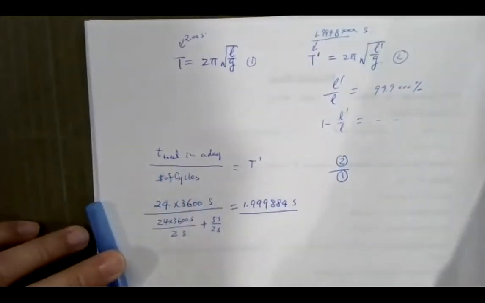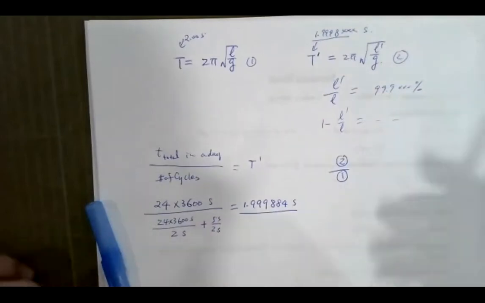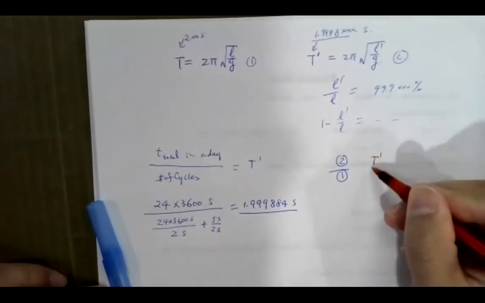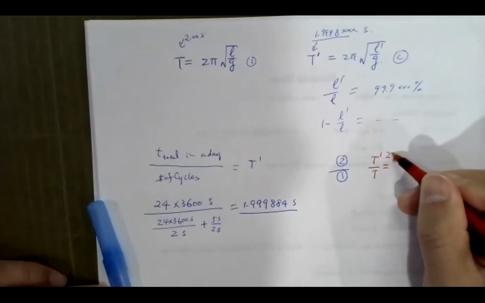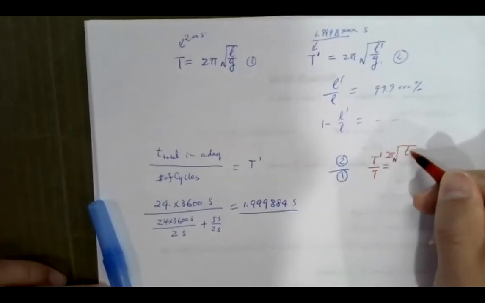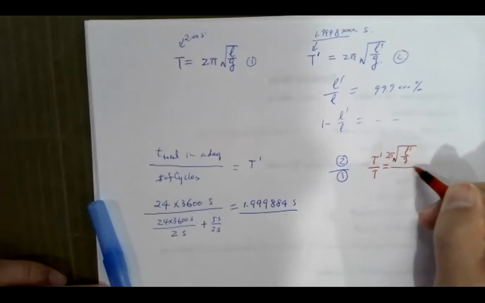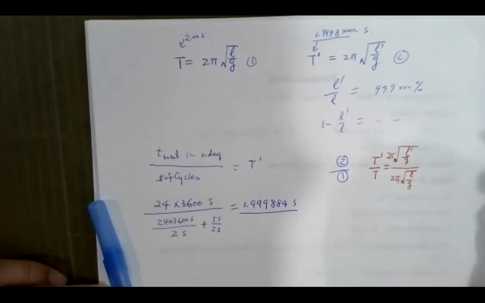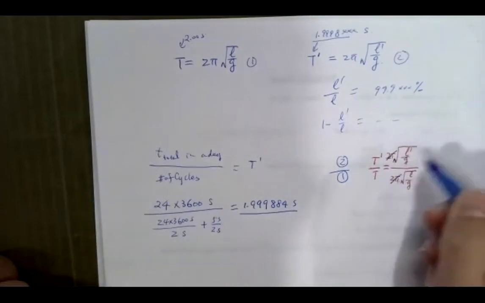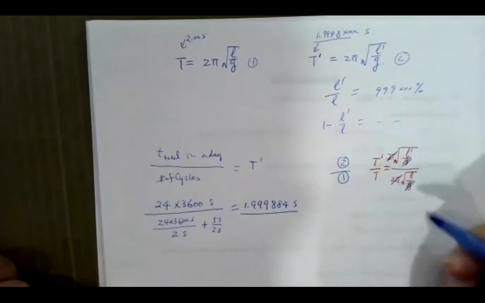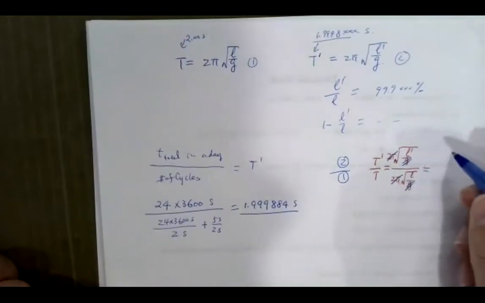On the left hand side, I have T prime over T. On the right hand side, I will have 2 pi square root of L prime over g, divided by 2 pi square root of L over g. So the 2 pi cancels out, and the g cancels out.